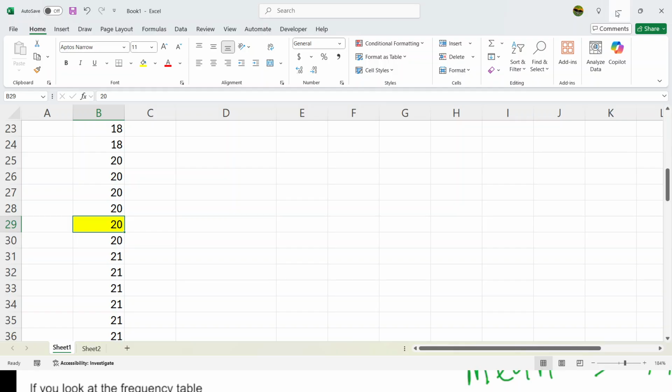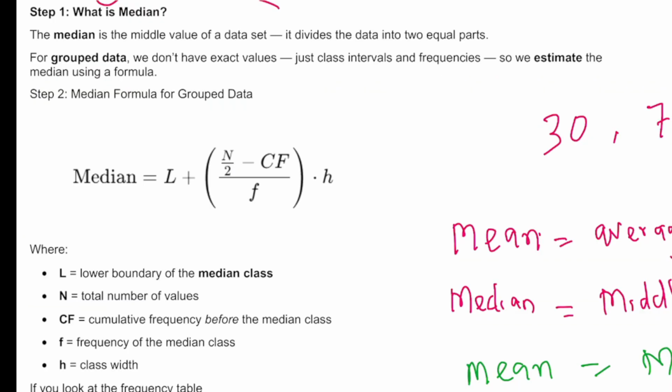For the grouped data, we use the formula: L plus, N, the number, divided by 2, minus CF.